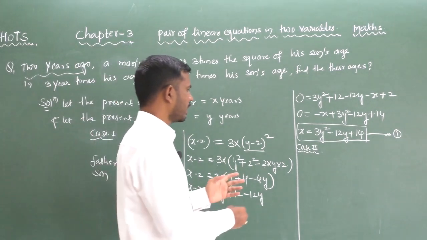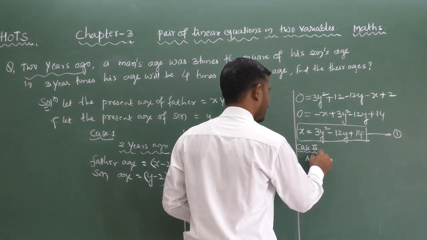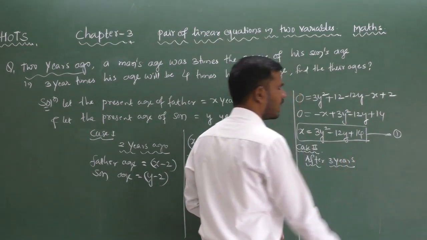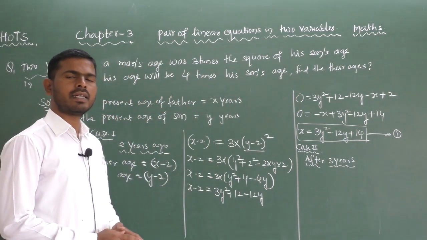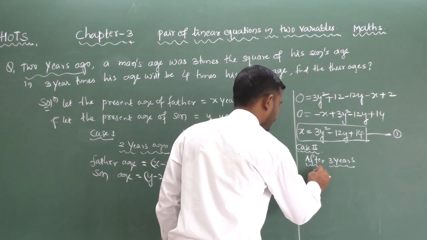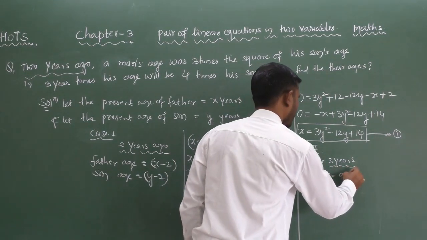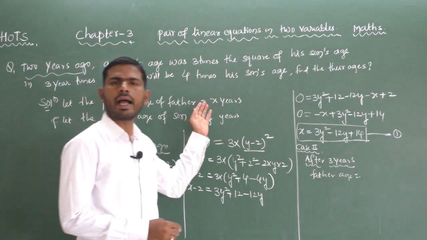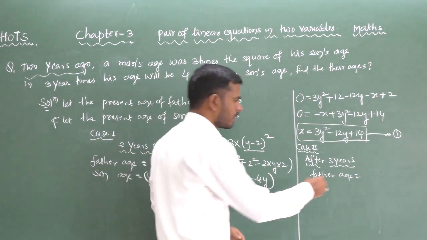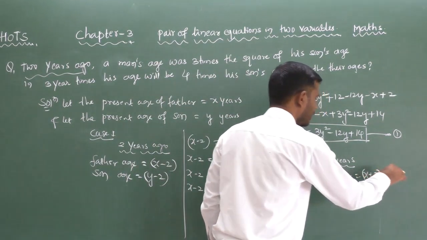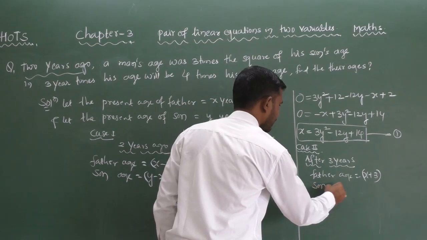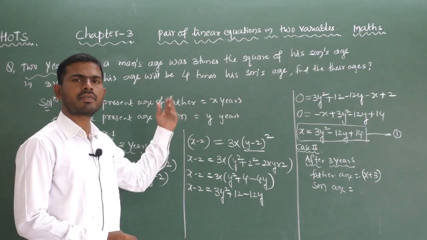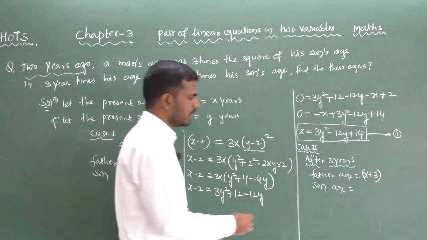After 3 years, the son's age and father's age become: father's age, present age of father is x years, after 3 years just add 3 to the present age, so x plus 3. And son's age, present age of son is y years, after 3 years the age of son becomes y plus 3.